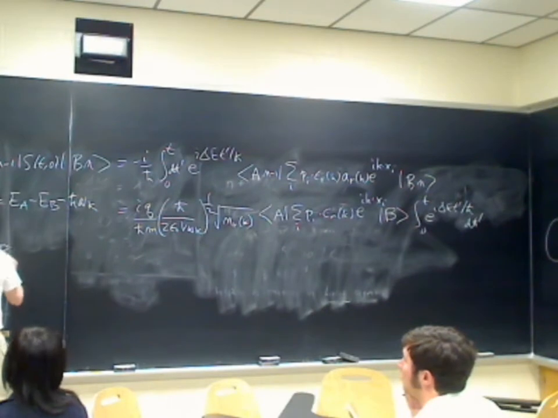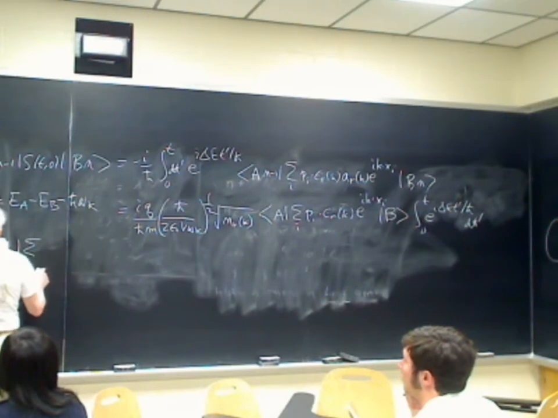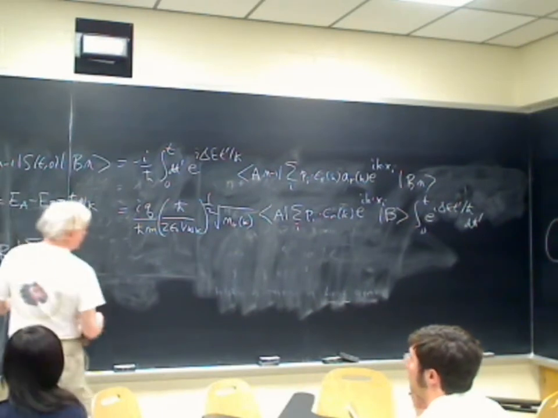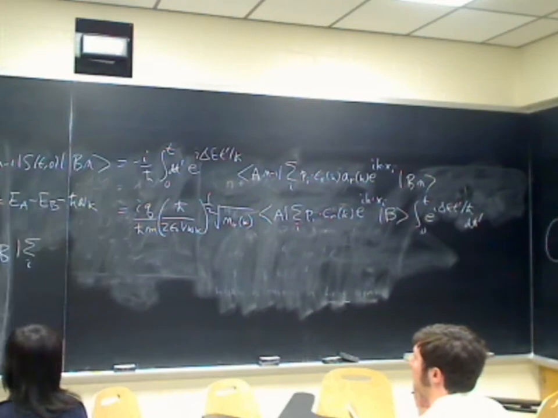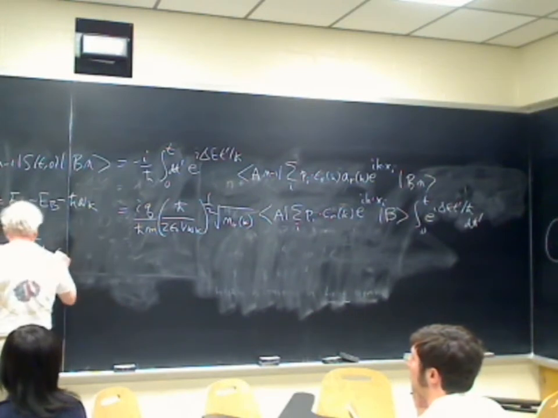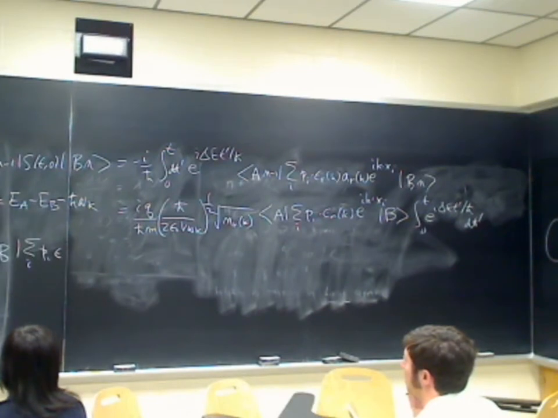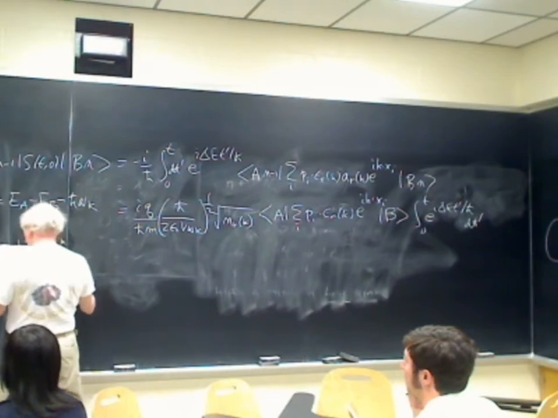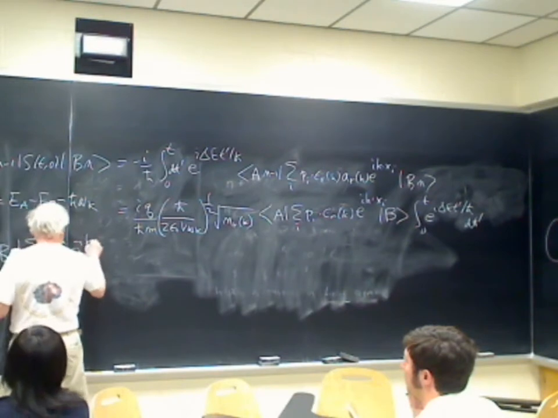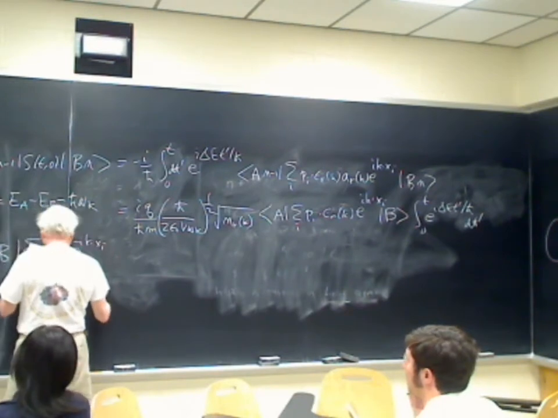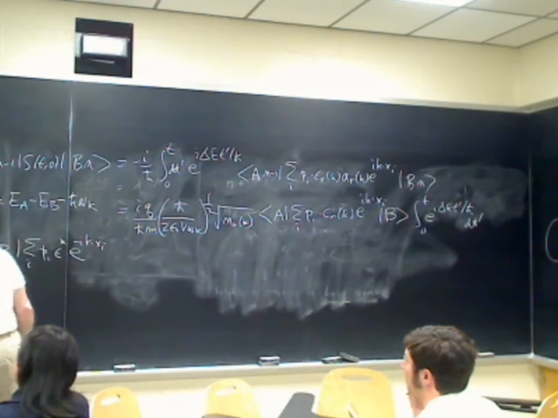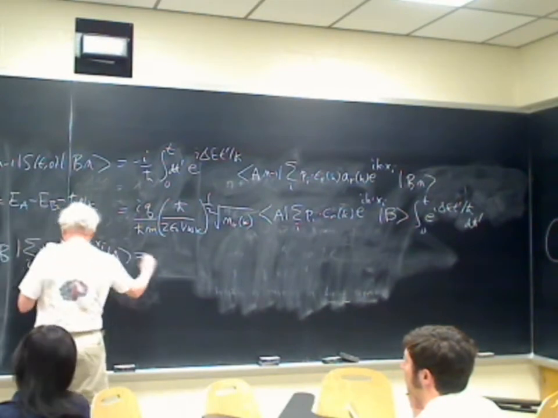Well, B times sum on I. So I'm doing this one. p_i dot epsilon. Let's see, did I get this right? There's a star here. Epsilon star e to the minus I k dot x_i. Is that everything? Yes. A. So what is that?